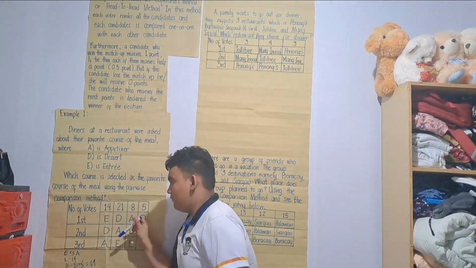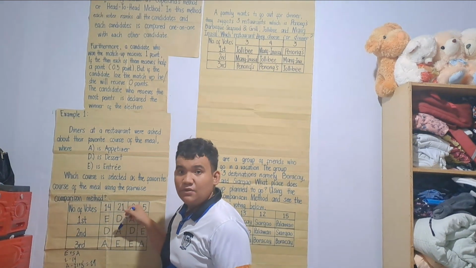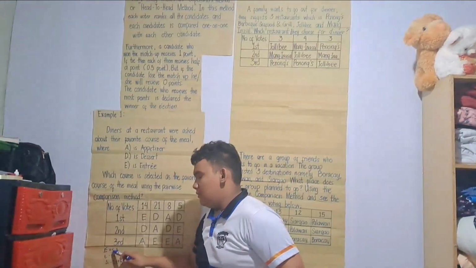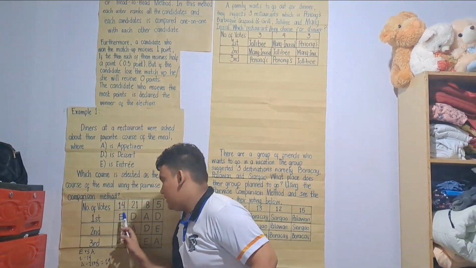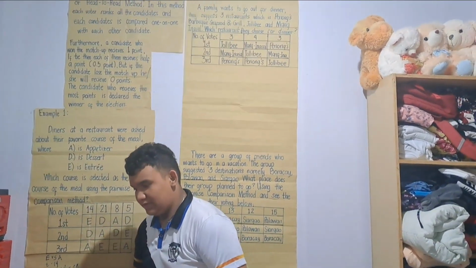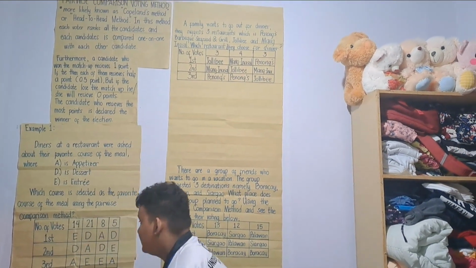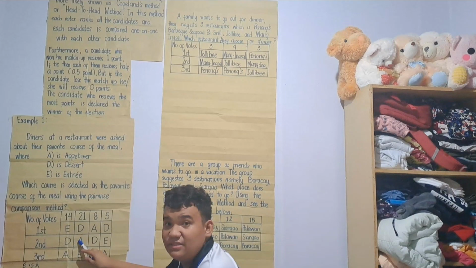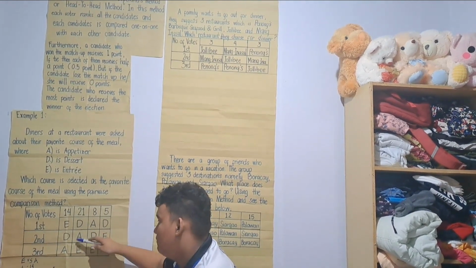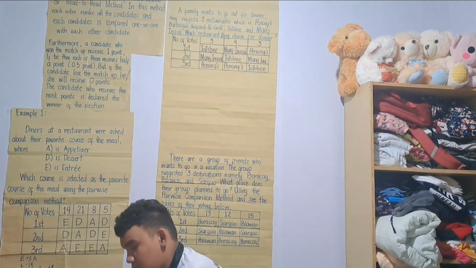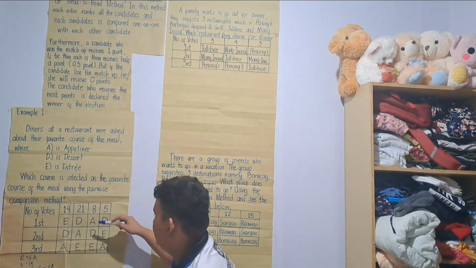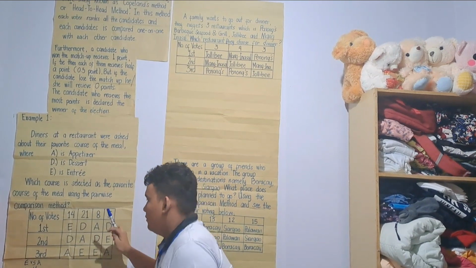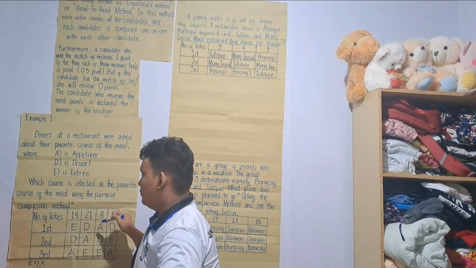In the first column, entree has 14 votes. I write the 14 here because entree has 14 in the first column. Then in the second column, appetizer is first, so appetizer has 21. In the third column, appetizer is first, so 8 voters choose appetizer.